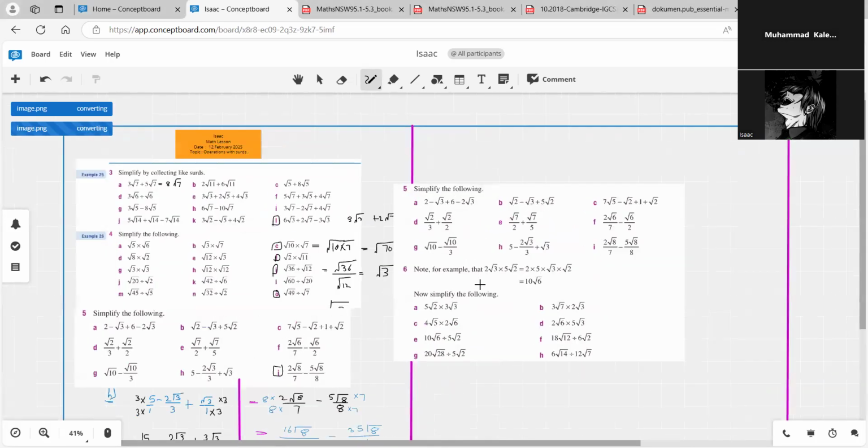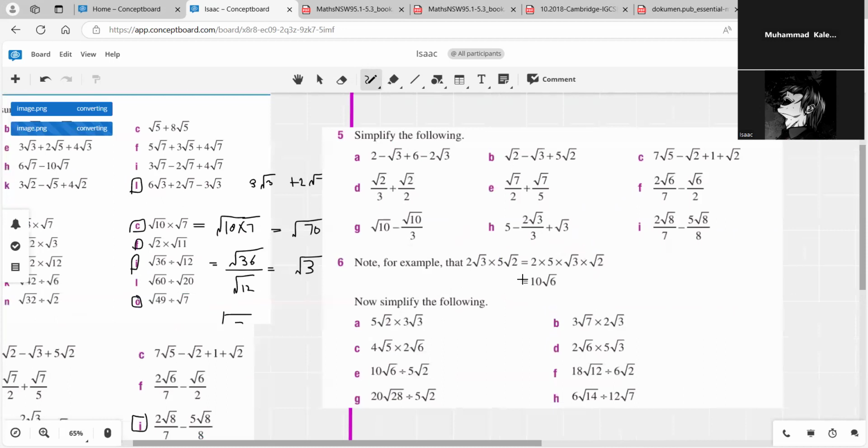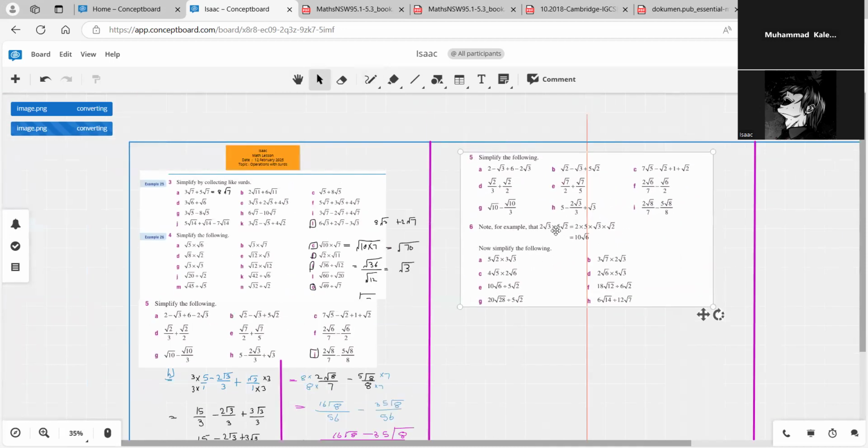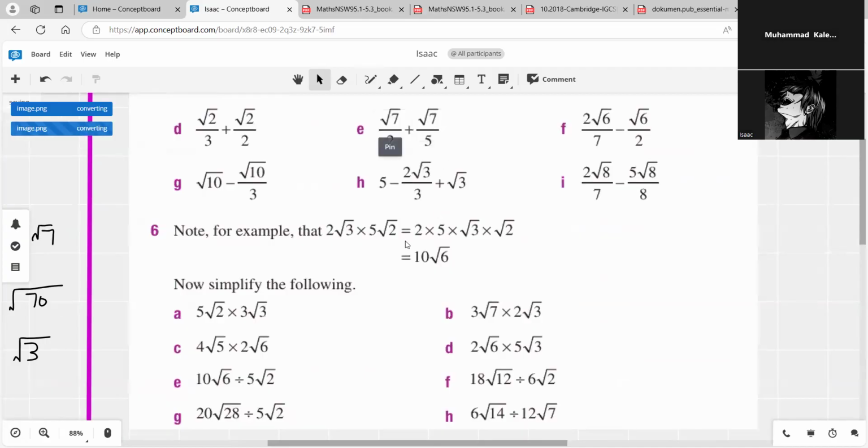Okay, next we have question number 6. Note, for example, that 2 root 3, this one is this. So here you can check out this example and then we have to solve the question. Example 6.